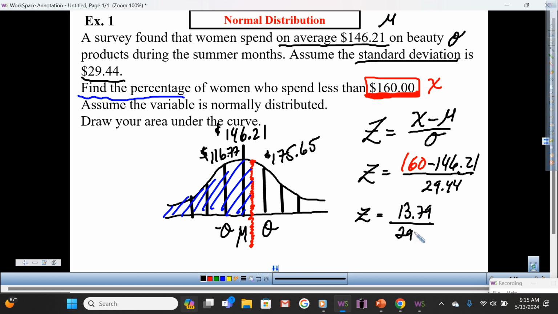Divided by 2.944, and that is, calculator, 0.46. All right.